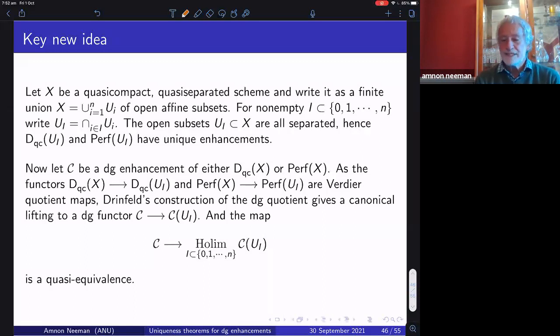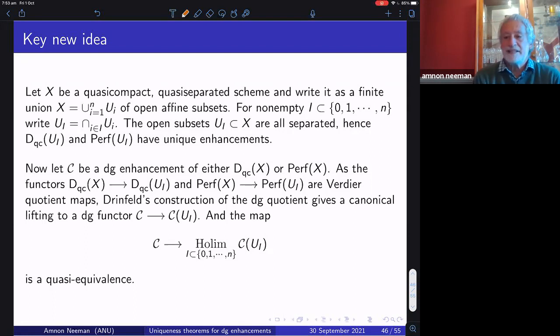On the open subset, these are all unique by the uniqueness theorem that we proved for separated schemes. And C is the homotopy limit of these unique enhancements. So somehow the problem becomes to show that the uniqueness proof is compatible with taking homotopy limits.